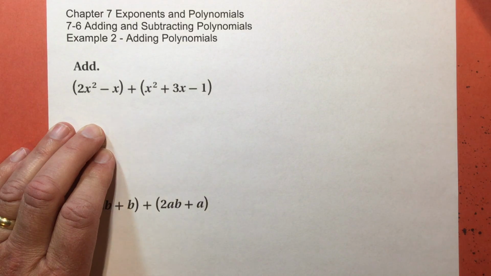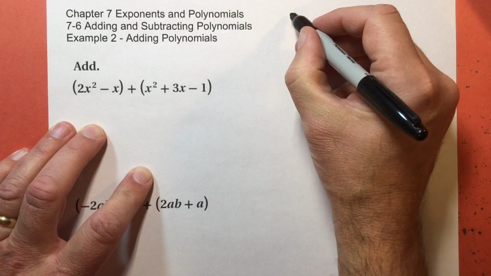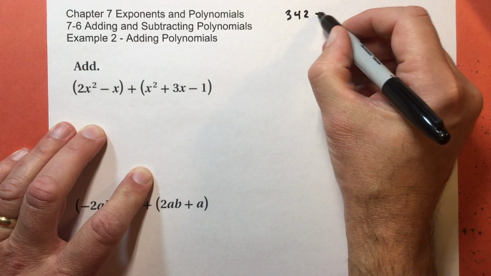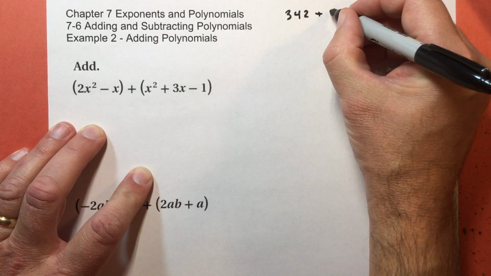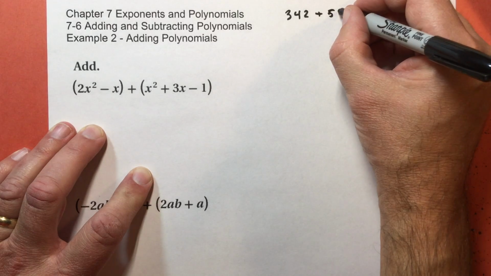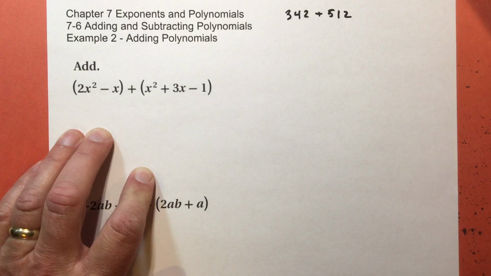3-digit numbers. For example, I'm going to do this for you real quick. If I do, say, 342 plus, let's say, 512. How would I add those two?